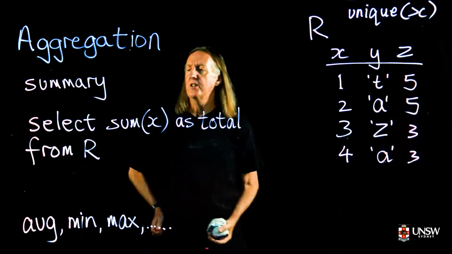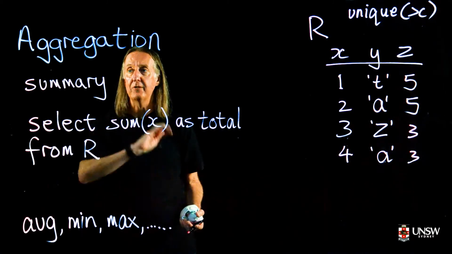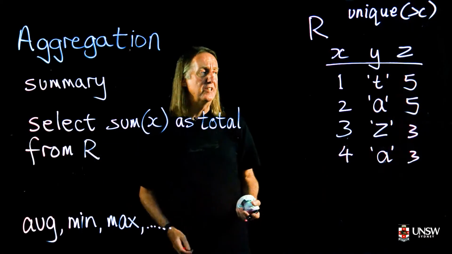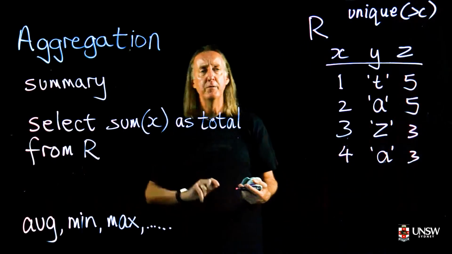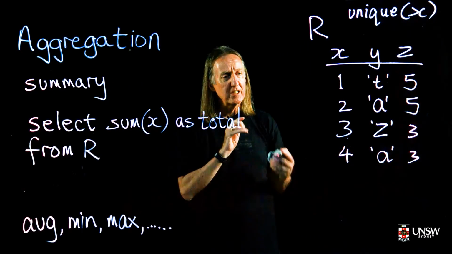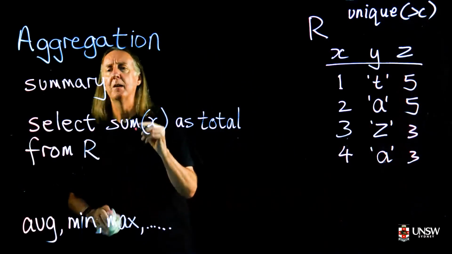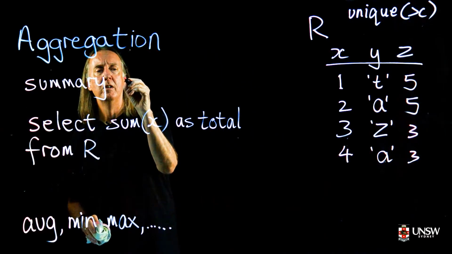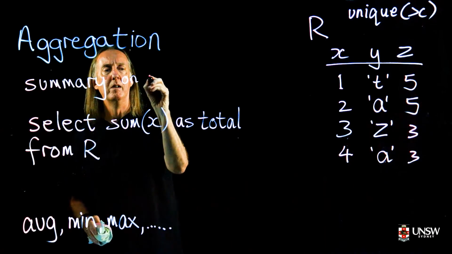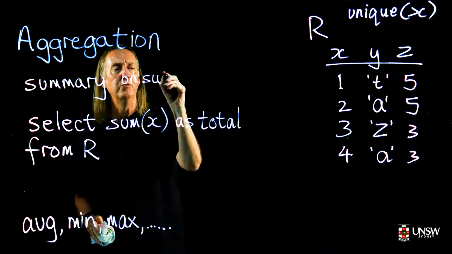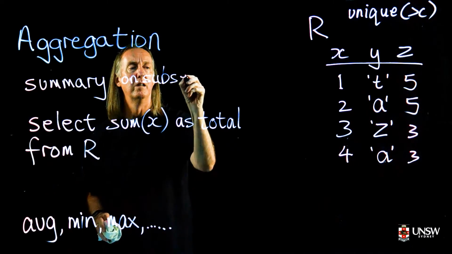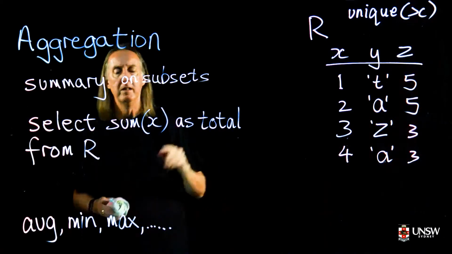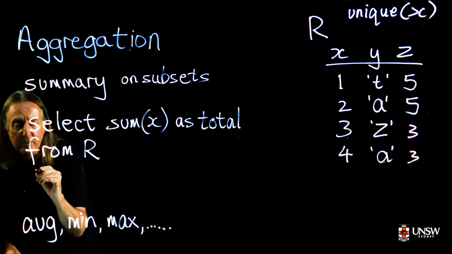Now another context where aggregation is used is to partition the table up and find some summary information about each subset of tuples. And the way that you do that is you use the group by statement.